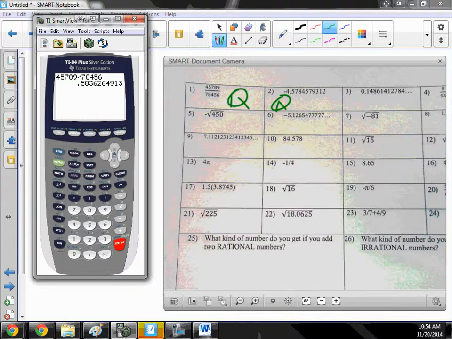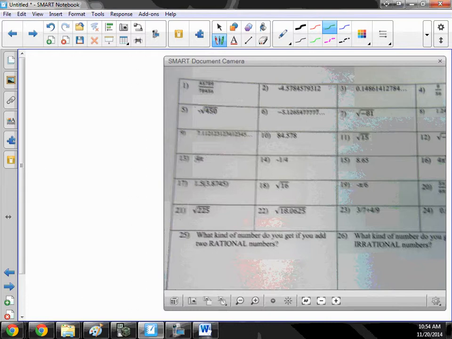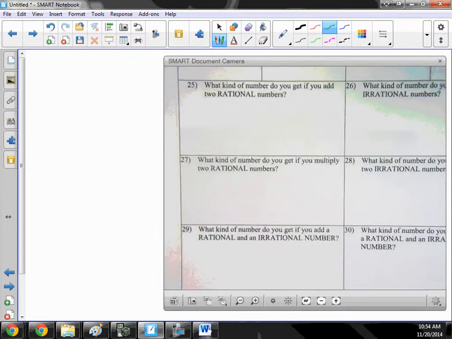So I want to have you go all the way to 24, but I want to answer these questions. So in higher mathematics, we study something called closure, which means if I take one number from a particular set and another number from that same set, and I add them together or I multiply them together, do I get a number that is still in that set?